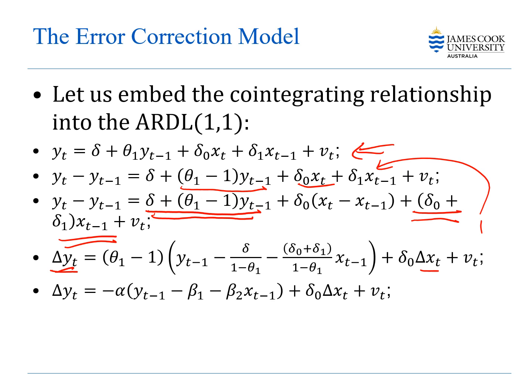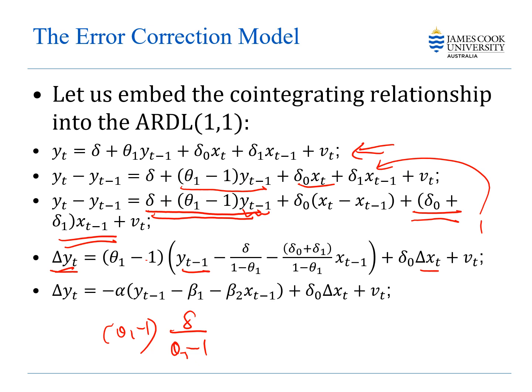Okay, so yt minus 1, we pull it out, we get this. And we have the term delta. So delta pulled out by theta 1 minus 1, we get delta divided by theta 1 minus 1.